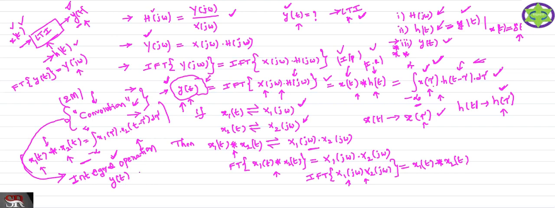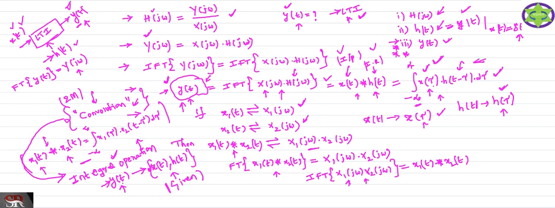To find the response of the system, the input x of t and the impulse response h of t are both given to you. So we have to find the response y of t.